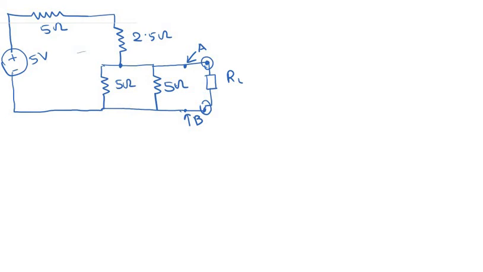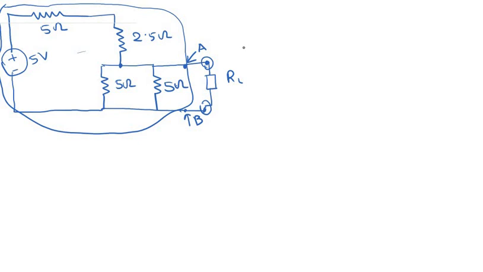So let us say I want to find the equivalent of this part of the circuit between point A and point B. If we want to find the Thevenin's equivalent of the circuit for this entire part over here, then the equivalent circuit is the Thevenin's voltage VTH, which is the single voltage source, and a series resistor RTH.